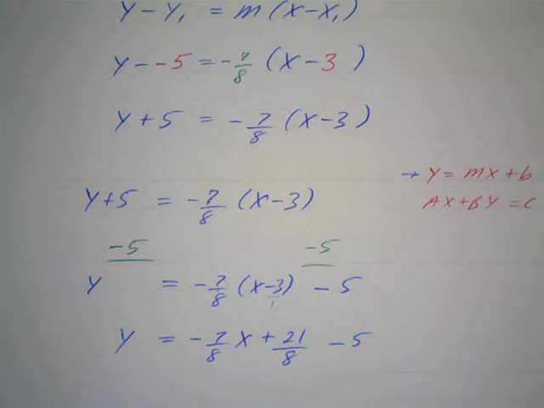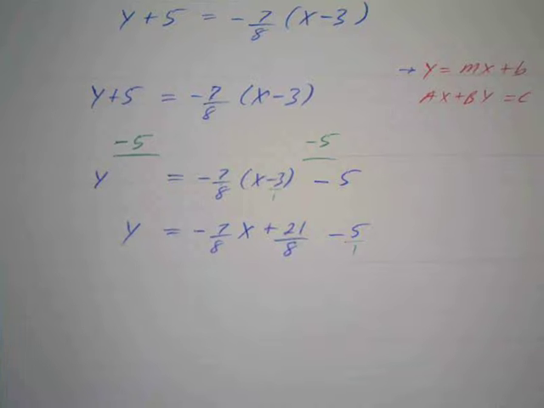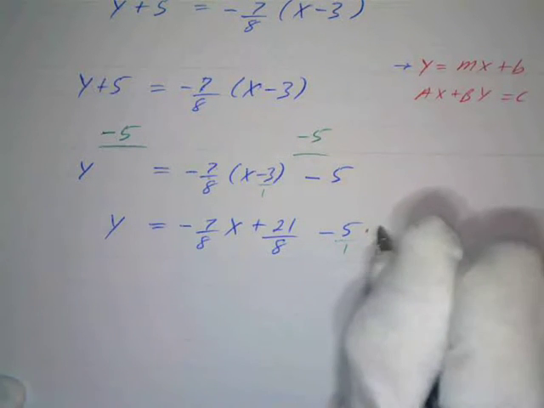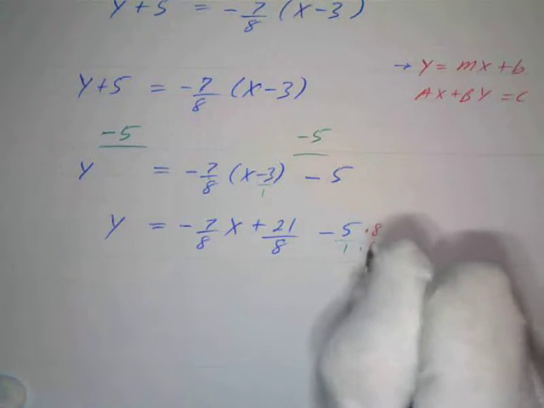Now 5 is also the same thing as a fraction, as 5/1. And we want to combine these two fractions, so in order to do that we have to have a common denominator, and the least common denominator is 8, so we just have to have an 8 over here. So I can multiply the top and the bottom here by 8. Remember, 8 over 8 is a unit fraction.